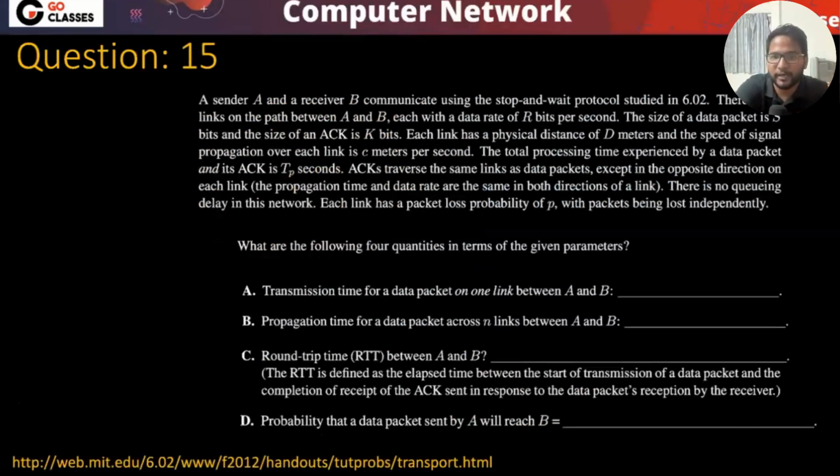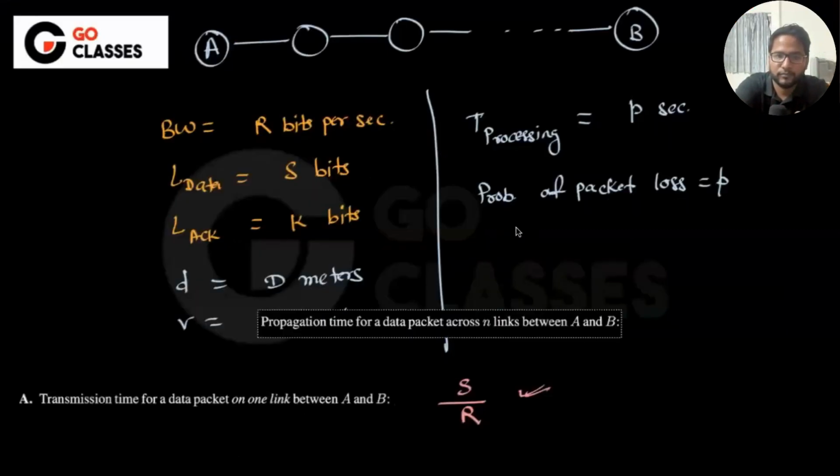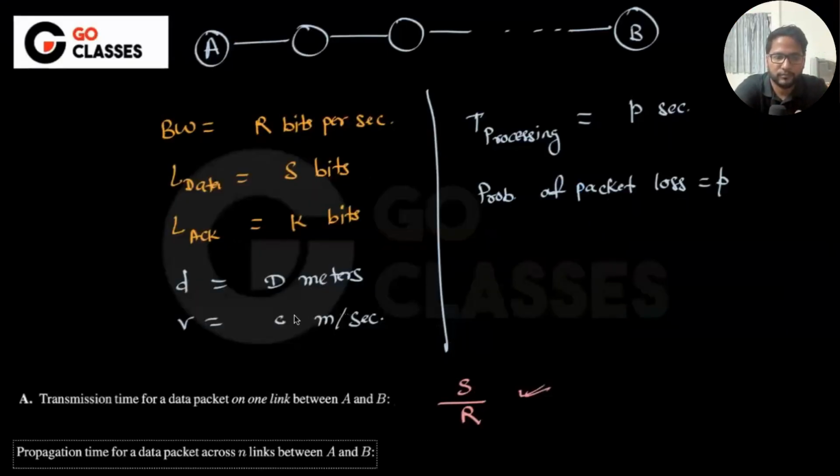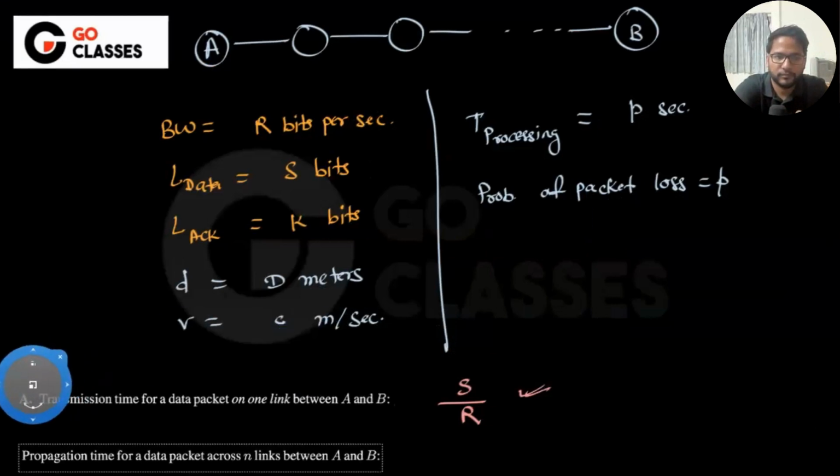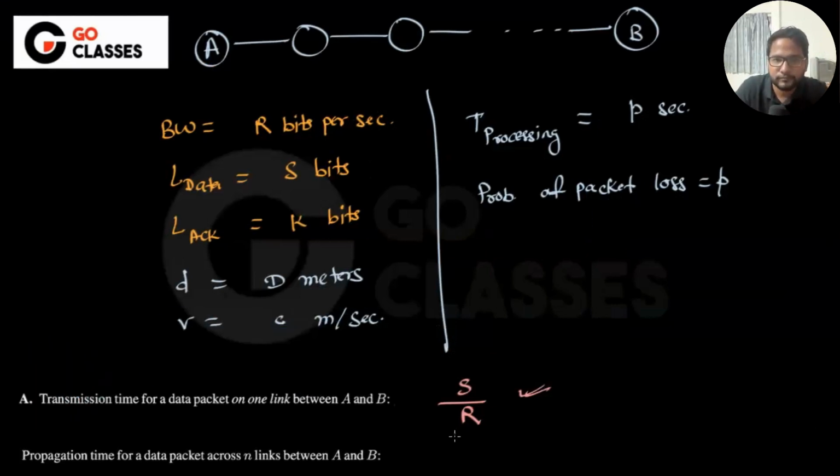Propagation time for the data packet across n links between A and B. Across n links they're asking.